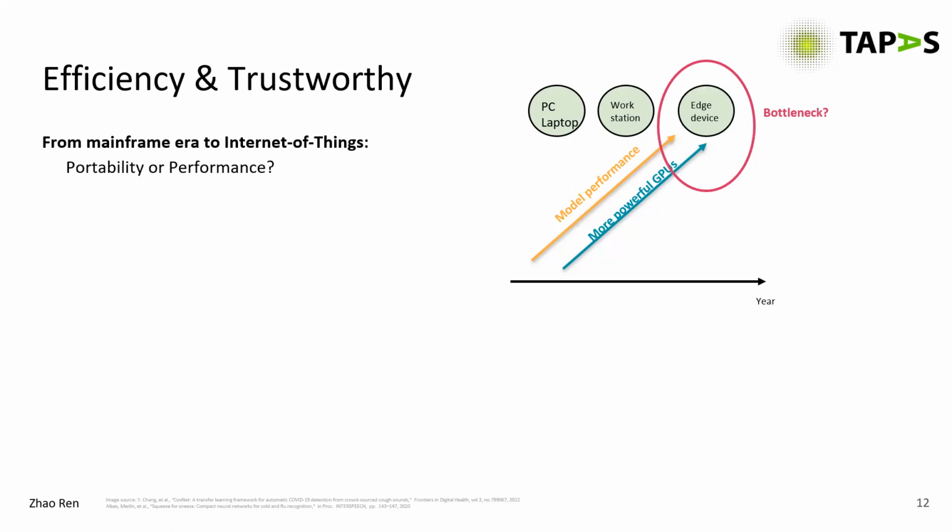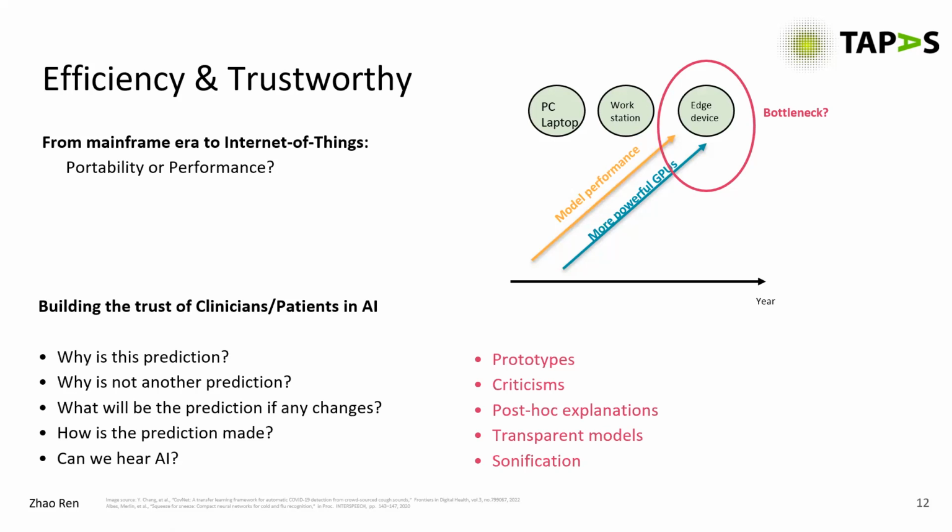And in recent years, edge devices have become very popular. However, edge devices don't have very good GPUs. Therefore, will there be a bottleneck from edge devices for deep learning neural networks? So how will we address this problem? This will be very interesting to consider.